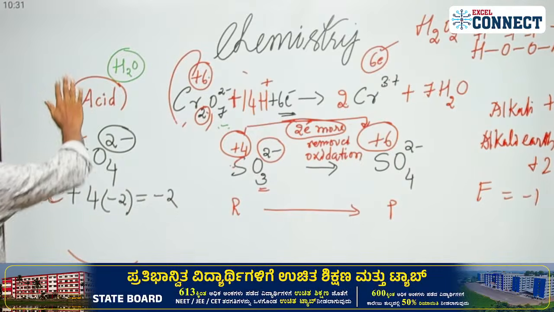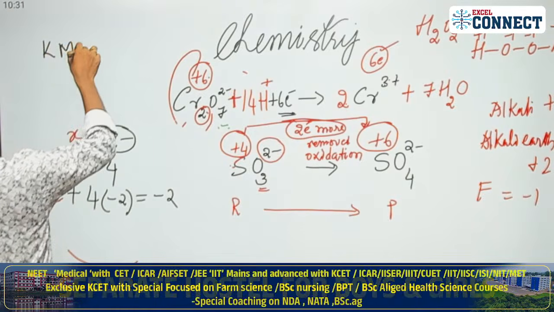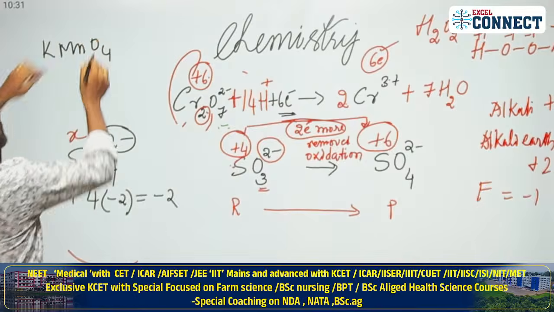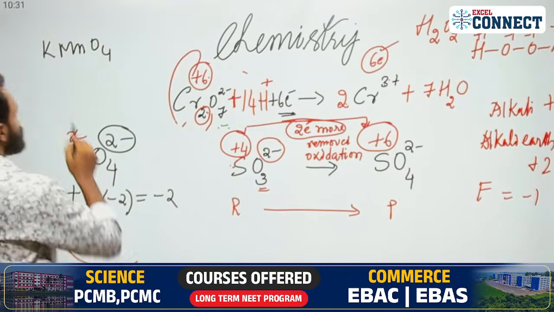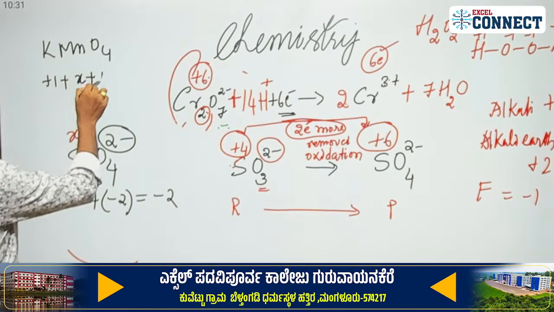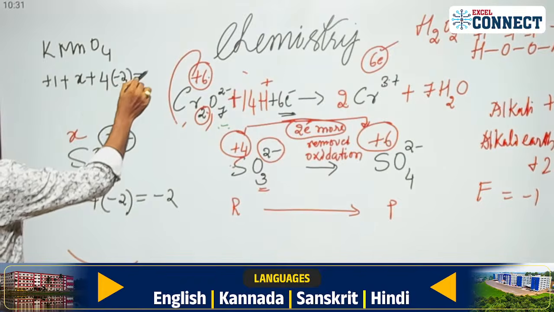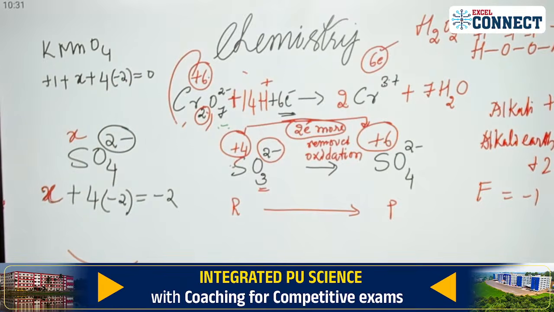Now you may get confused, no? So I'll write both together. In KMnO4, there is no charge on it, so we consider this one +1, this one X, and this one 4 into -2, which is not given but we know it, equal to 0. Do you get my point?